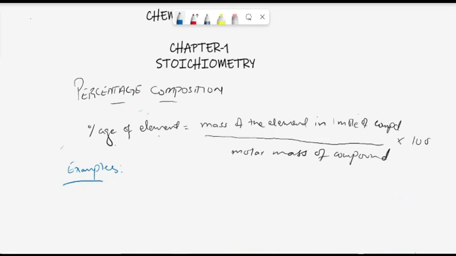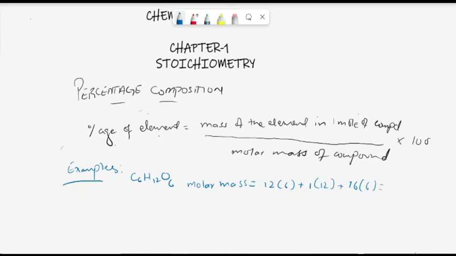Let's calculate the percentage of each element in glucose, that is C6H12O6. So the molar mass of glucose would be, we have 6 carbons, 12 hydrogens, and 6 oxygens. So 12 into 6 plus 1 into 12 plus 16 into 6.